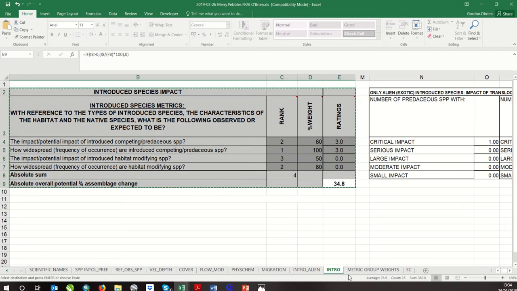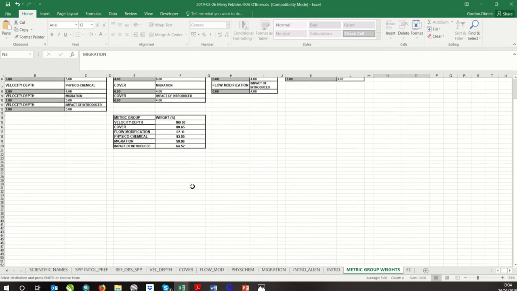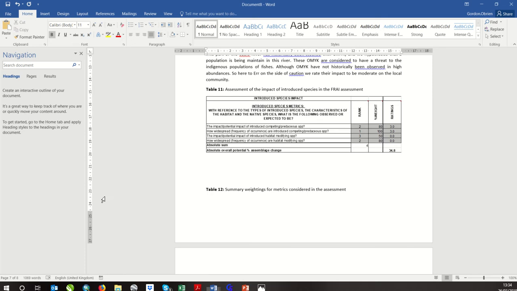All right, so that's the last assessment. Now the last thing that you need to do is you need to put a balance. You need to weight the different metric groups.